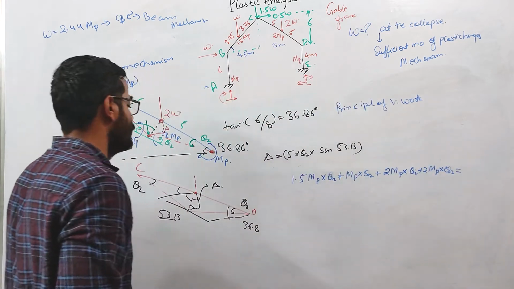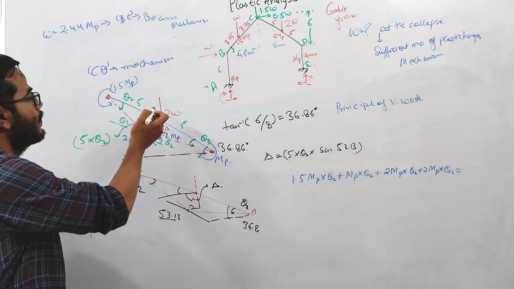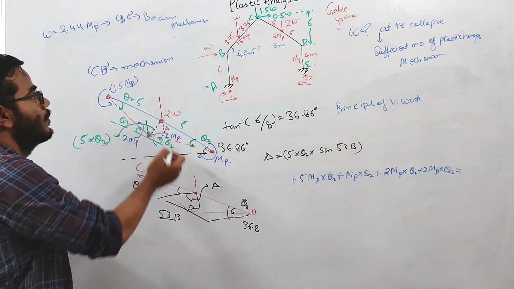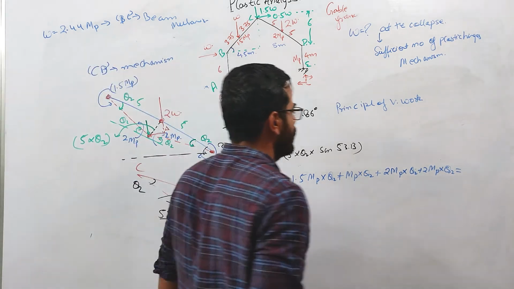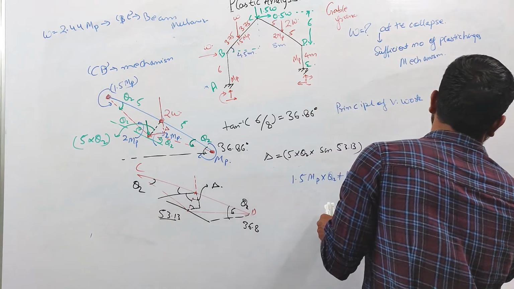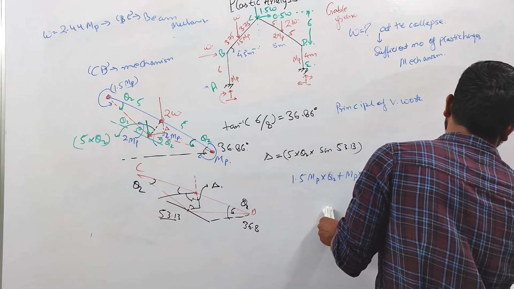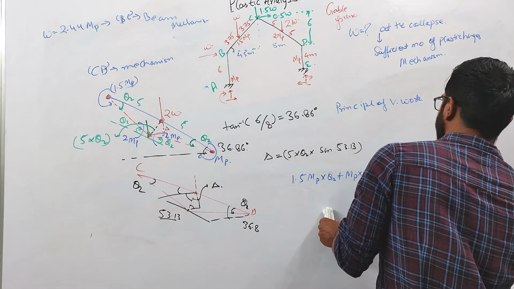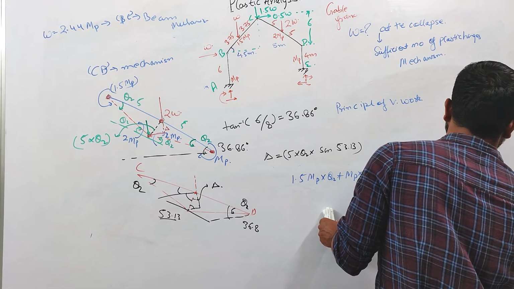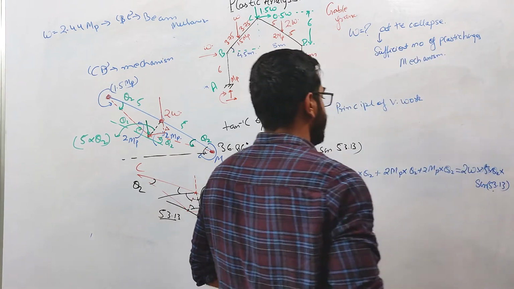And this will be equal to the external virtual work. External virtual work will be due to this load. So this will be 2W into delta. And delta is what? 5 into theta 2 into sine 53.13, right?